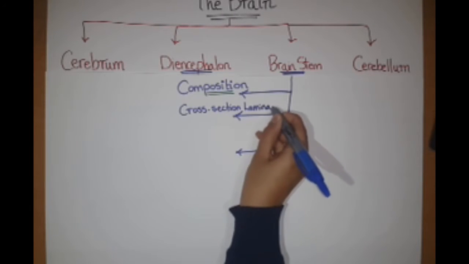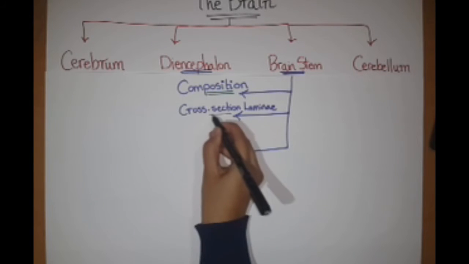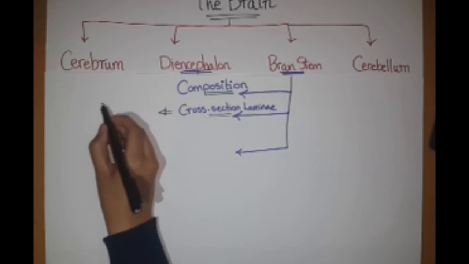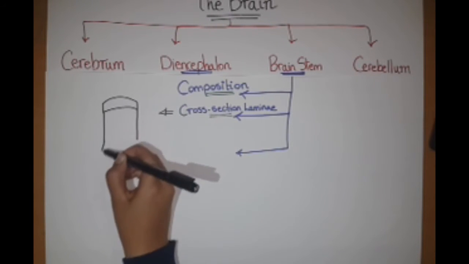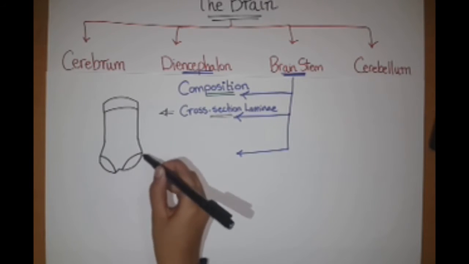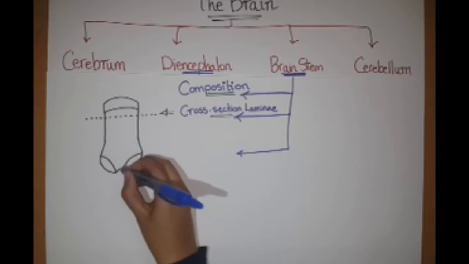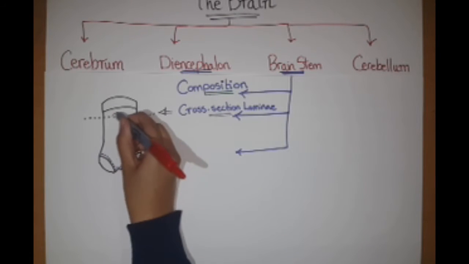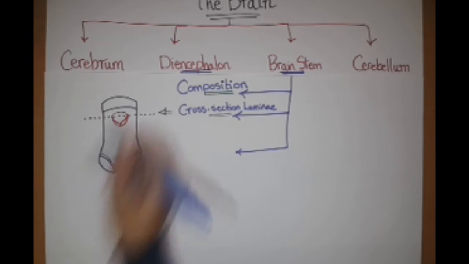If we take a cross-section lamina of the brain stem, what we will observe is that it is composed of different sections. Here, as you can see, is a simple drawing of a cross-section lamina of the brain stem that connects the spinal cord to the brain. It is divided by the dotted lines into different sections that we will state.